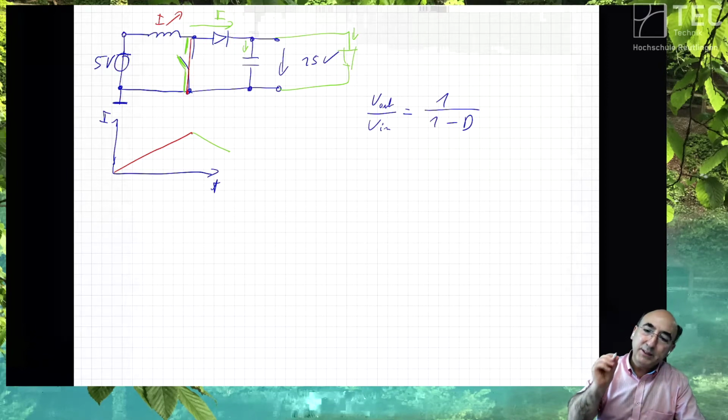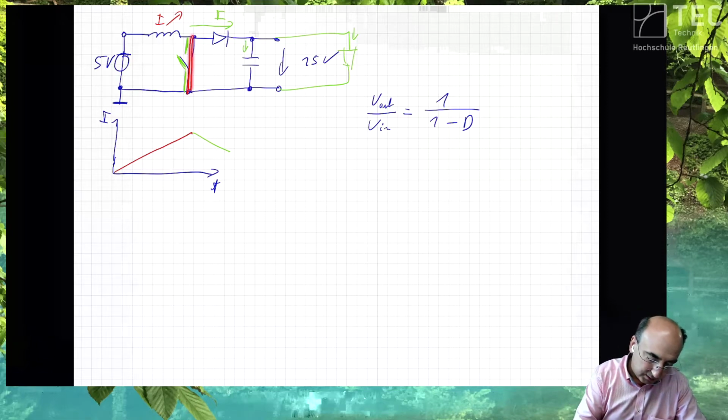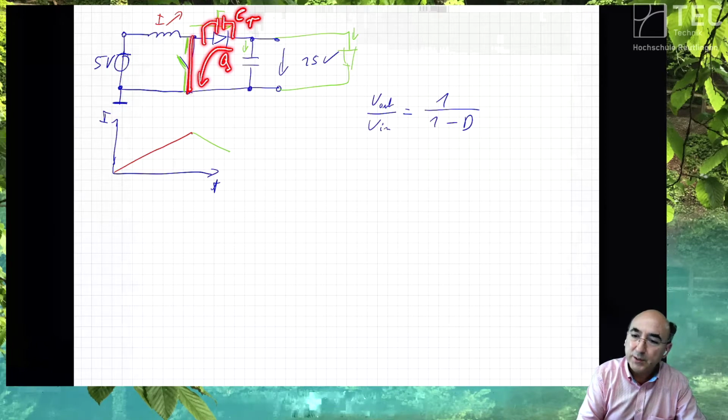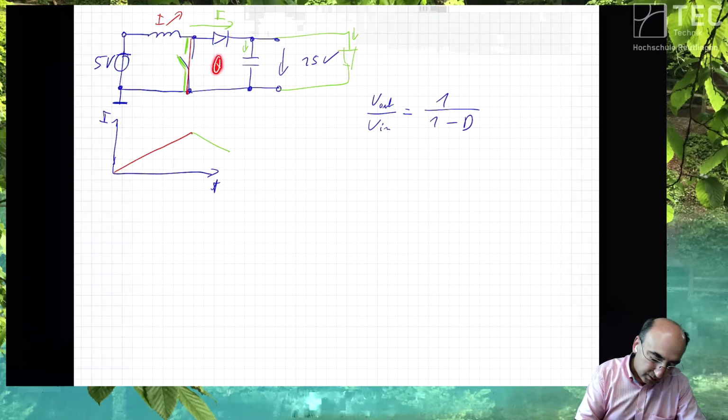Each and every time you switch on this transistor again, you have to pour out this Q before this space charge capacitor can get to 15 volts after you have poured out the charge.